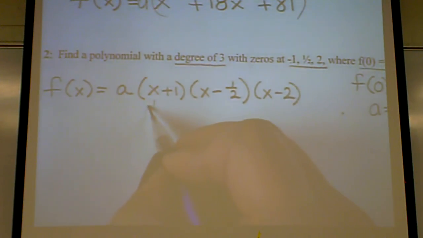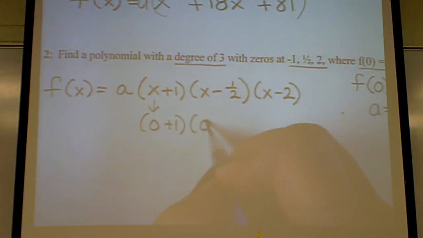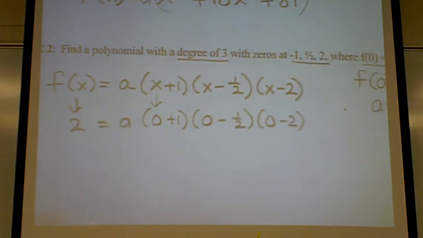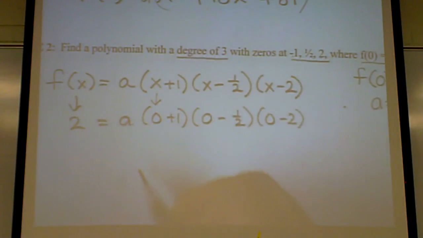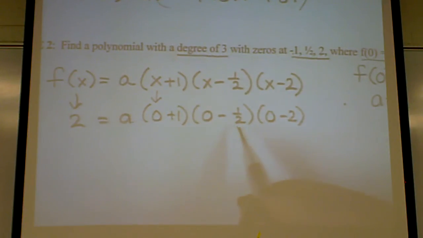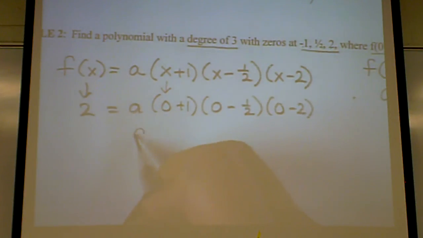So you're gonna put 0 here and 2 right here, because guess what we're looking for? A. What do you get for a? Negative 1/2 times negative 2 is 1. 1 times 1 is 1. So a is 2.